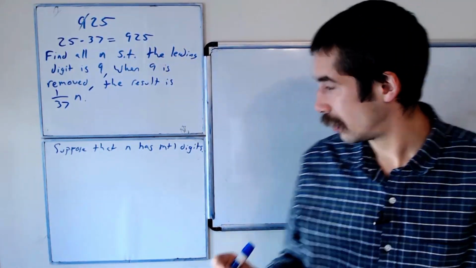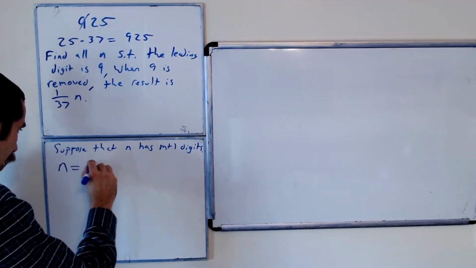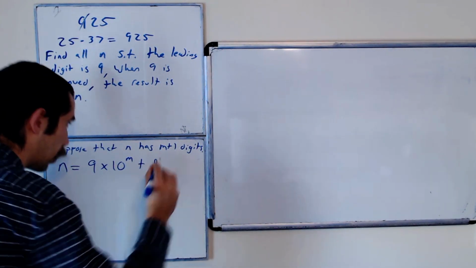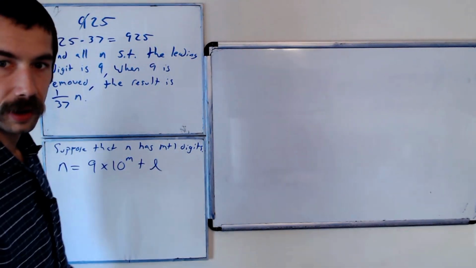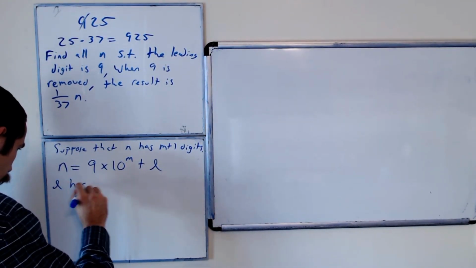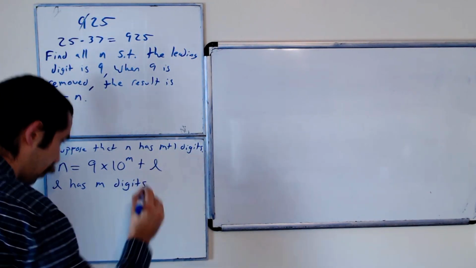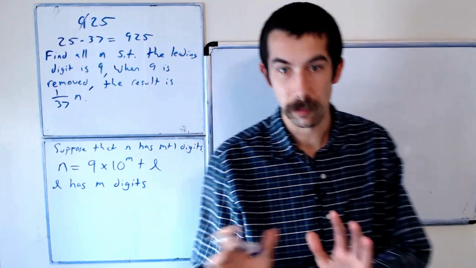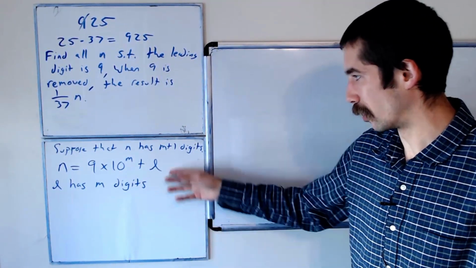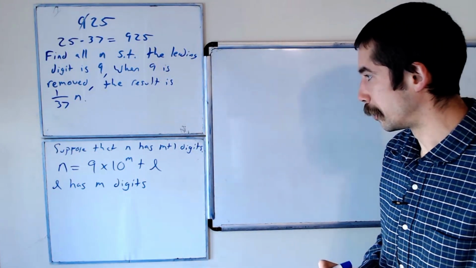So we could write n as 9 times 10 to the m plus some number L, where L has m digits. Maybe with some leading zeros to make it m digits. It doesn't have more than m digits, or else n would have more than m plus 1 digits.